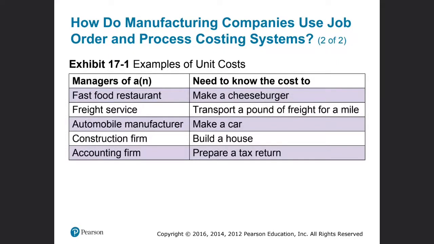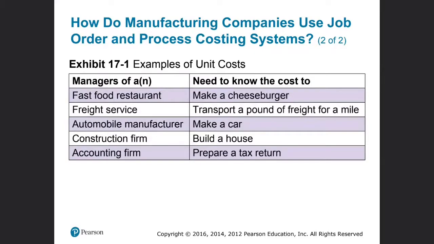A manager in a freight service company, something like XPO, a company that delivers products, needs to know what it costs to transport a pound of freight per mile, because normally they charge by the pound.